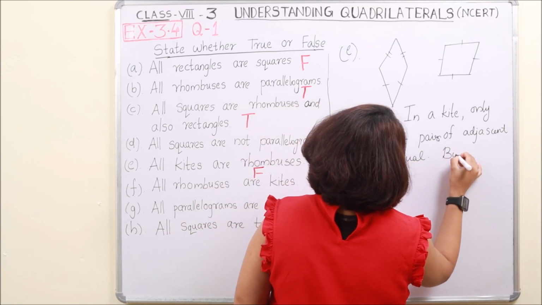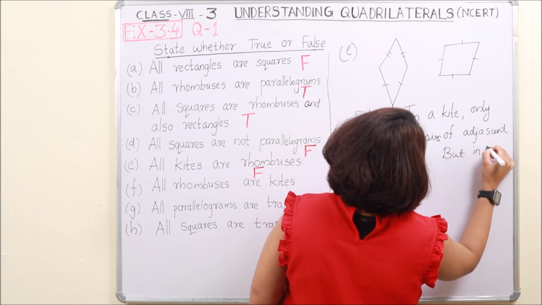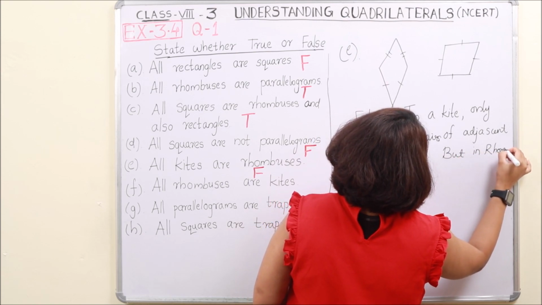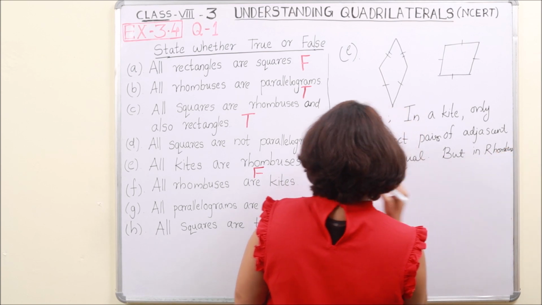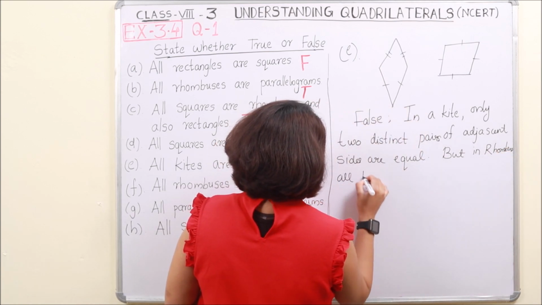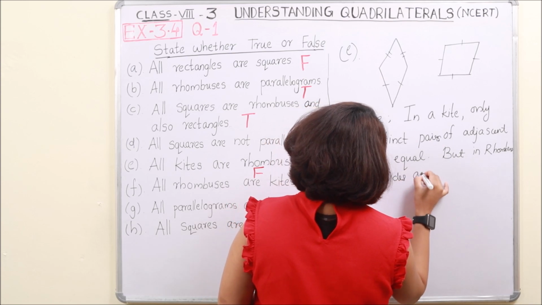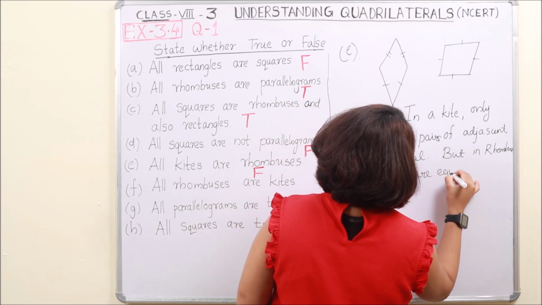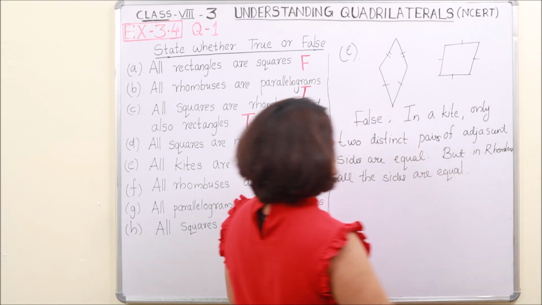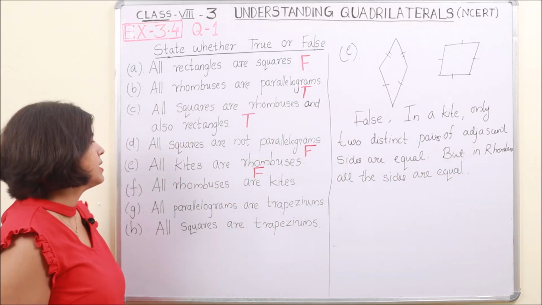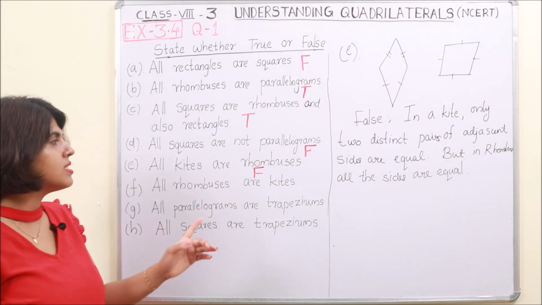But in a rhombus, all the sides are equal. Clear?